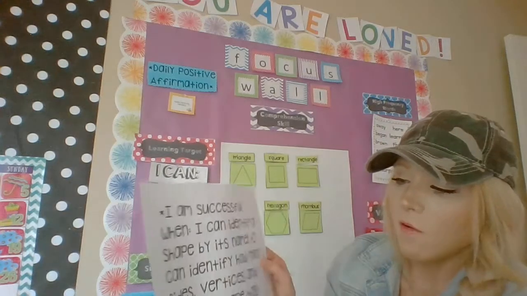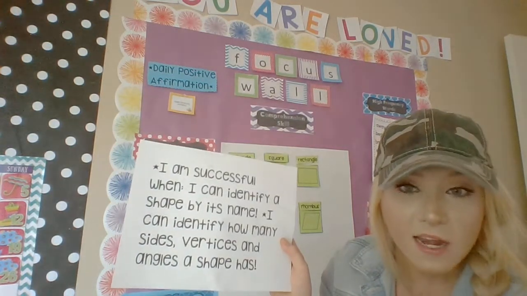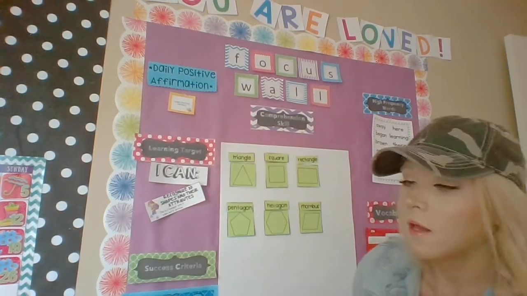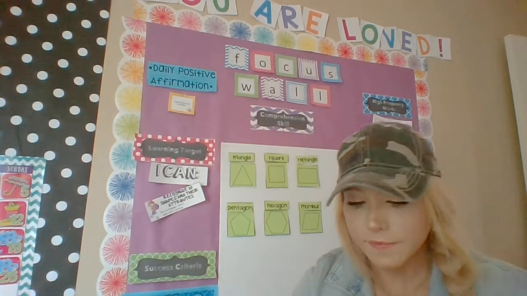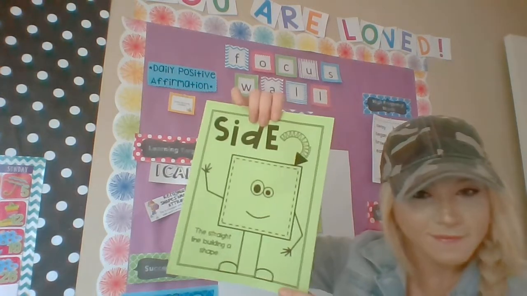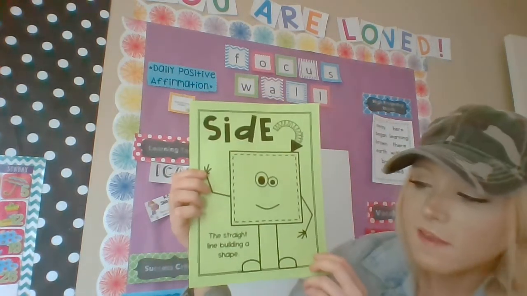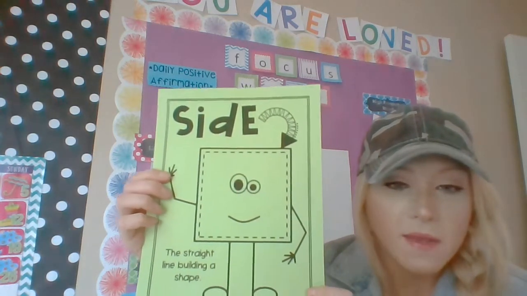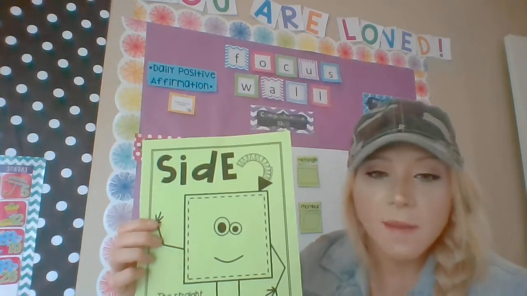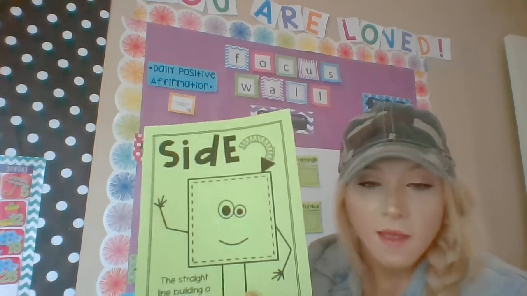Let's go over what a side, a vertex, and an angle are, and then we're going to practice on our poster. First, a side. I have my handy dandy helper. A side is the straight line that's building the shape. Let's count how many sides this shape has, and we're going to name it. Everyone knows its name.